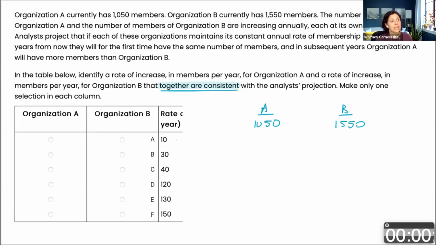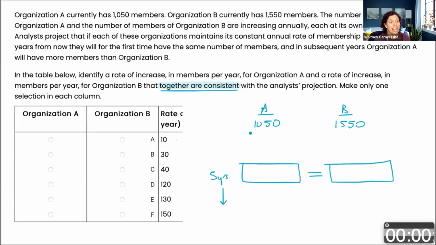And that these analysts predict that in 5 years, right? So 5 years later, whatever these two numbers are, they'll be equal. And that any time past that, organization A would have more members.